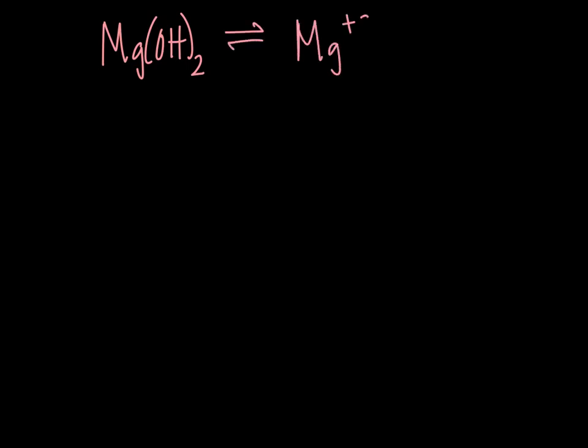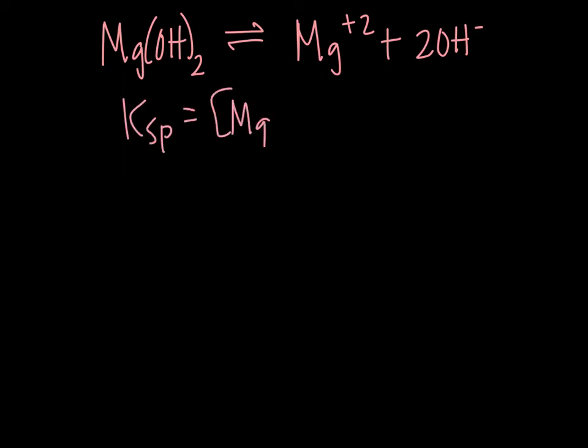Okay, so the example for this one, we're going to take a look at magnesium hydroxide, which is a weak base, so we use a double-headed arrow. It does not dissolve that much in water. So when we write out this Ksp expression, products only, but don't forget the coefficient becomes the power.